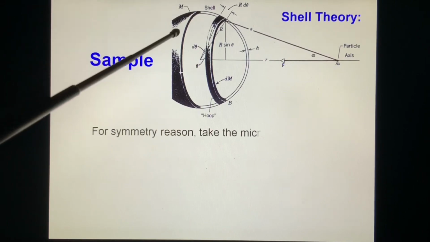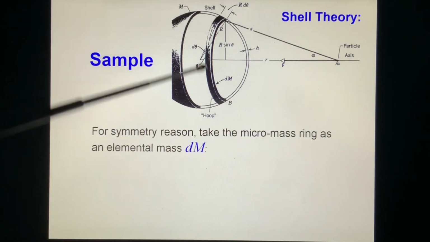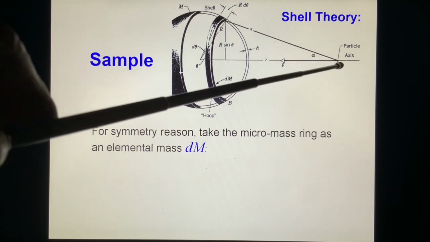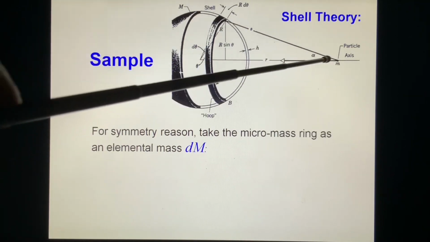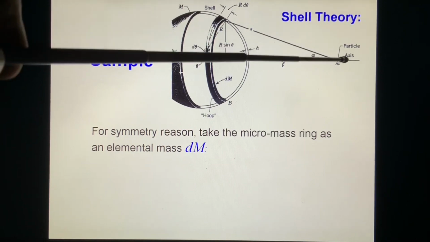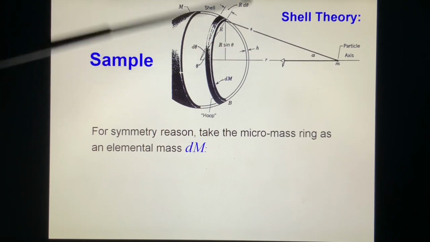For symmetry reasons, okay, we take the ring. We divide this shell into many rings, and we find each ring's force acting on this one. And when we put them together, why? Well, because we connect the center to its mass. This is symmetry.